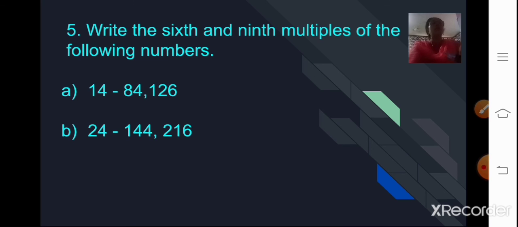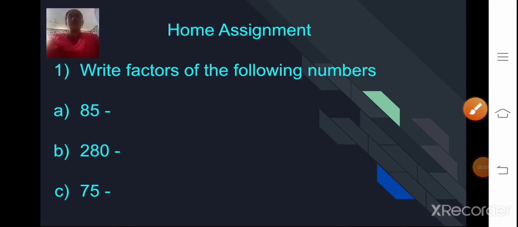And the 9th multiple of 14 is 14 into 9, that is 126. Now the same way the 6th multiple of 24: 24 into 6 is 144. And 24 into 9 is 216. That is the 9th multiple of 24.